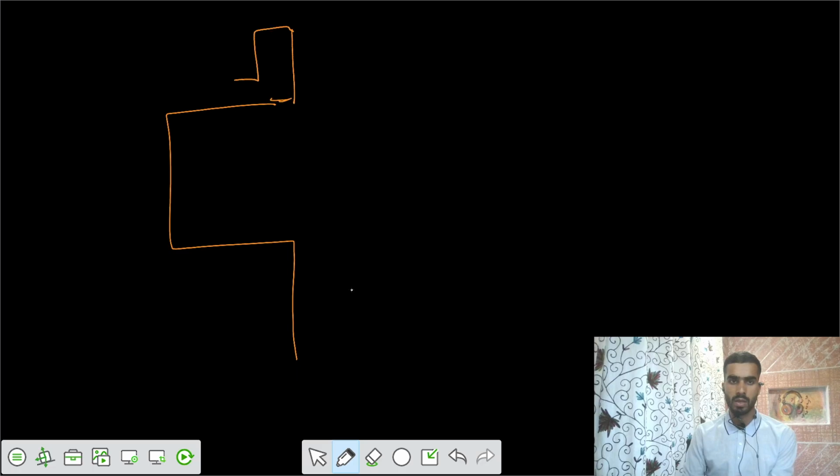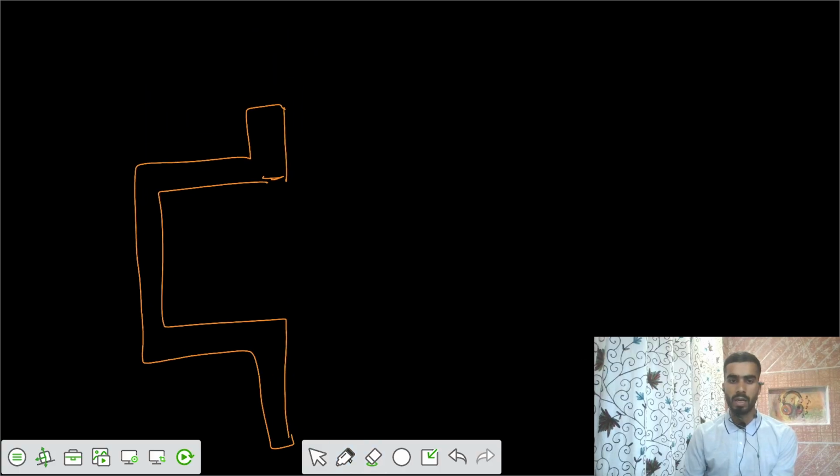So we got this, and one more we can take. Finally, we can take this section. We know that for the vertical members we have a parabolic variation, and it goes to some maximum value q.